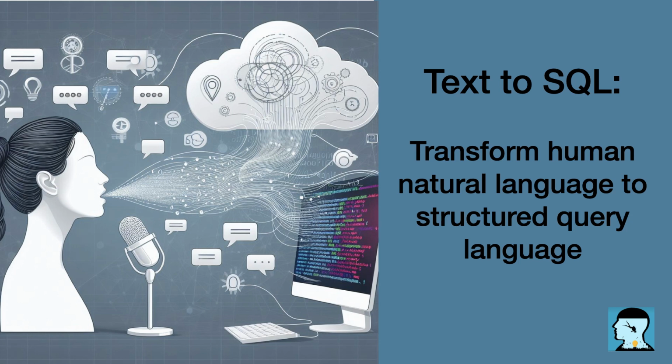That's a great explanation. It's fascinating how text-to-SQL technology acts as a translator, converting human language queries into SQL language that databases can understand. This definitely simplifies the process of interacting with databases, especially for non-technical users.